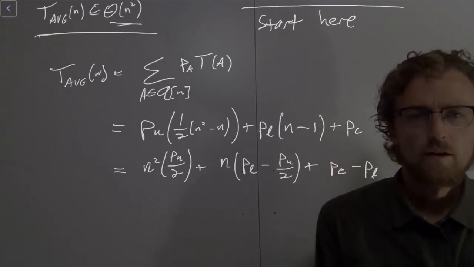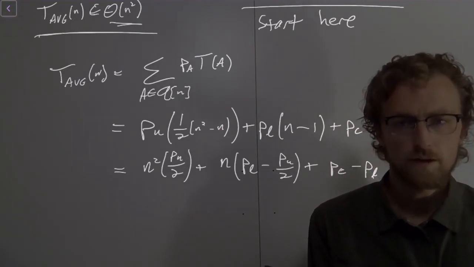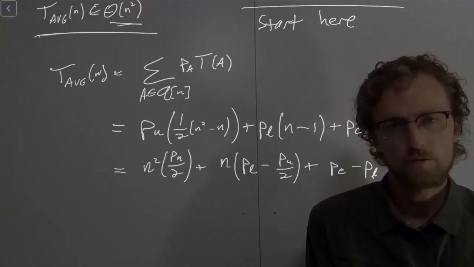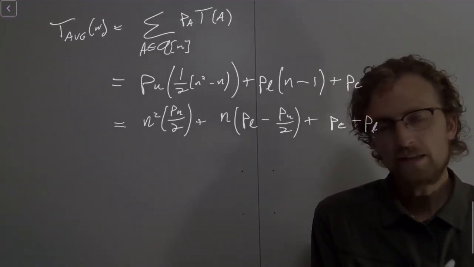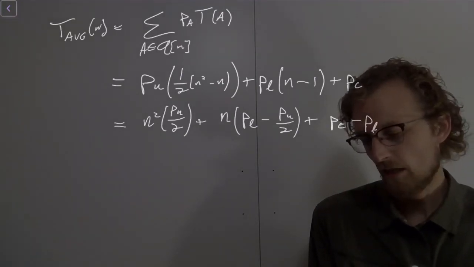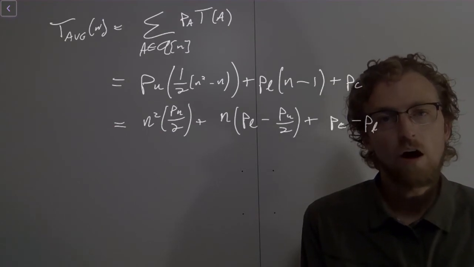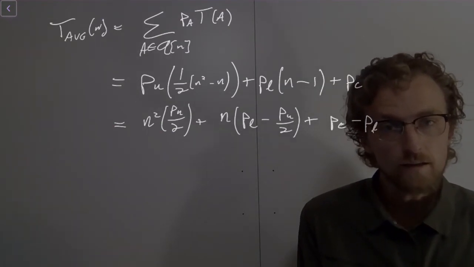All right, so what do we have? What's the order of growth of this running time? Well, we need one more assumption to be able to analyze this. We're going to assume that all of our PU, PC, PL are constant in n.